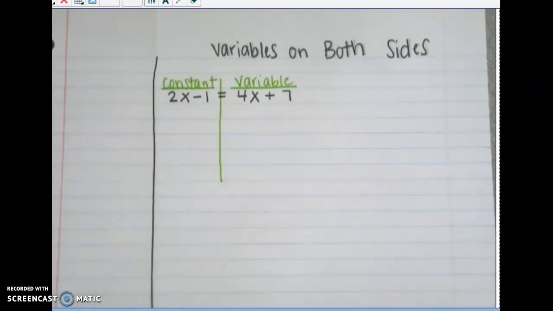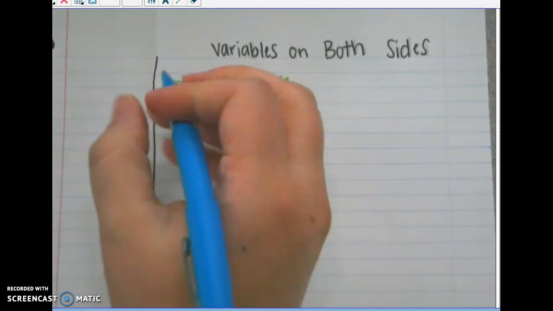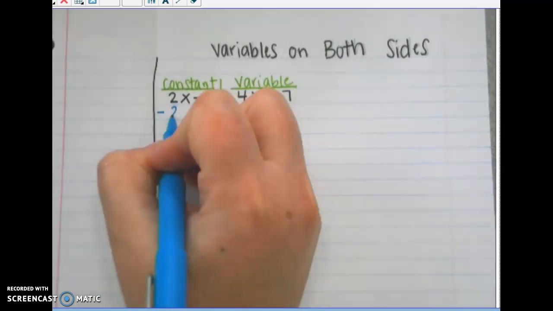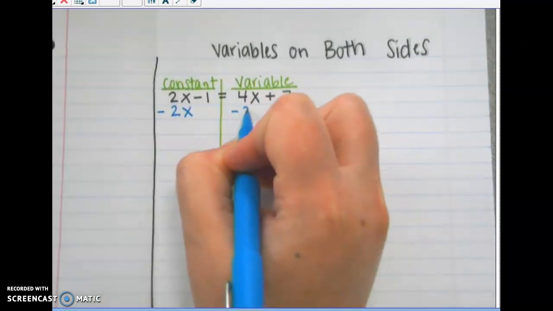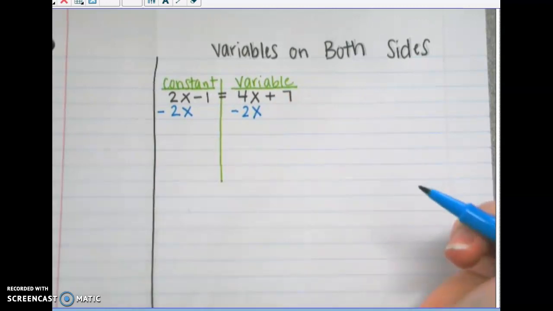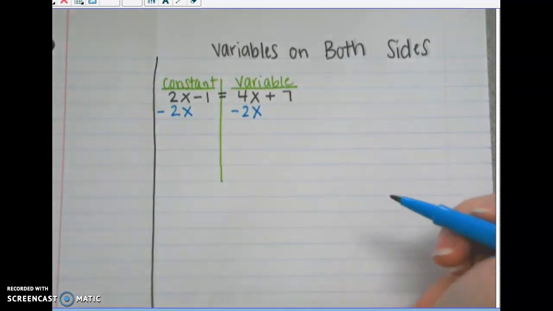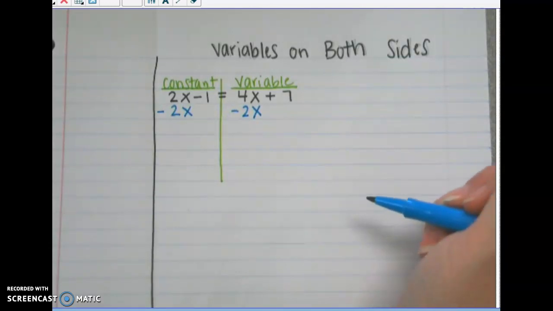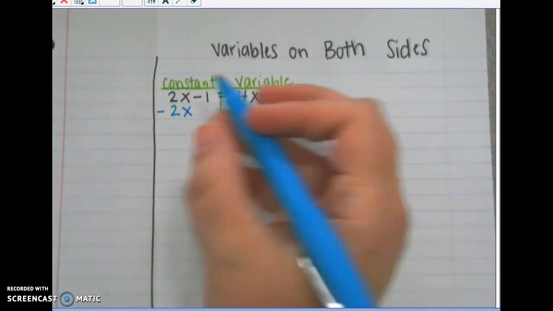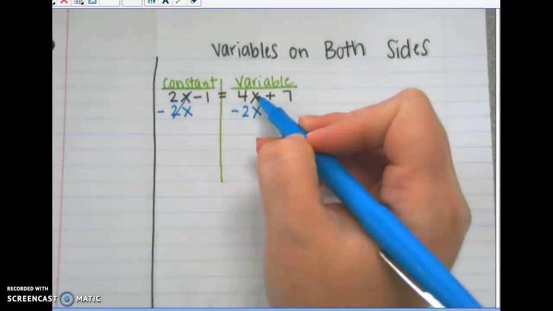So if you remember from all of our other equations videos, to cancel out a positive, we will subtract it. Whatever you do to one side, you have to do to the other in order to keep your equation balanced. So the first thing that I'm going to do is subtract 2x on both sides.